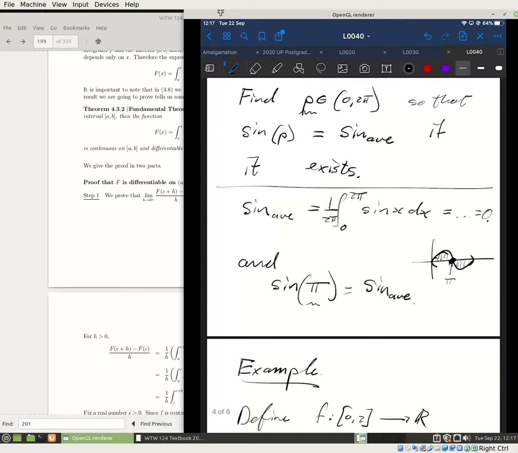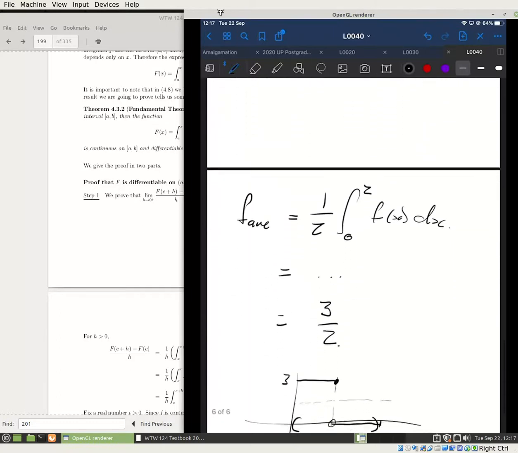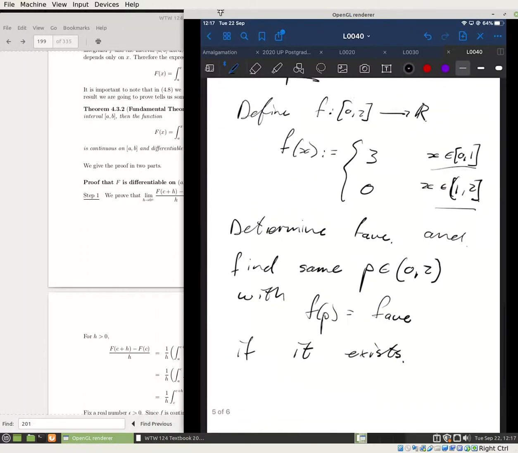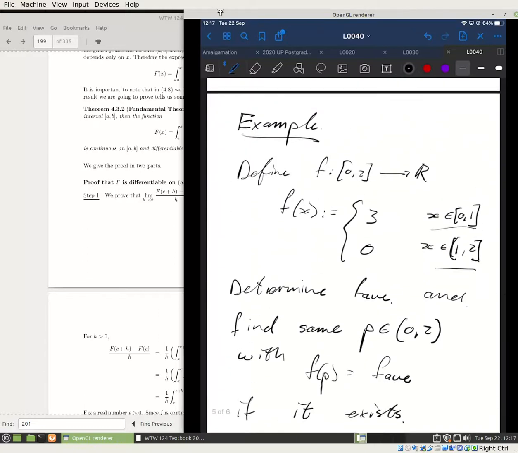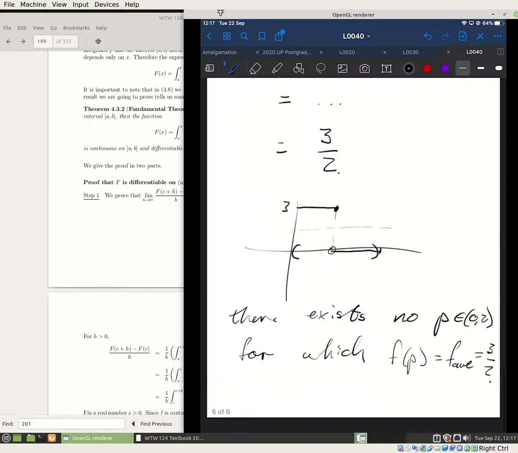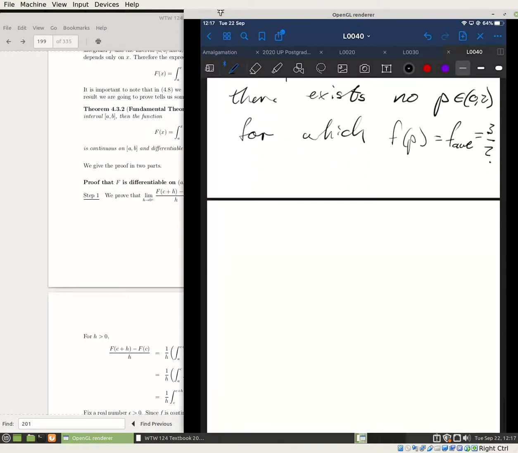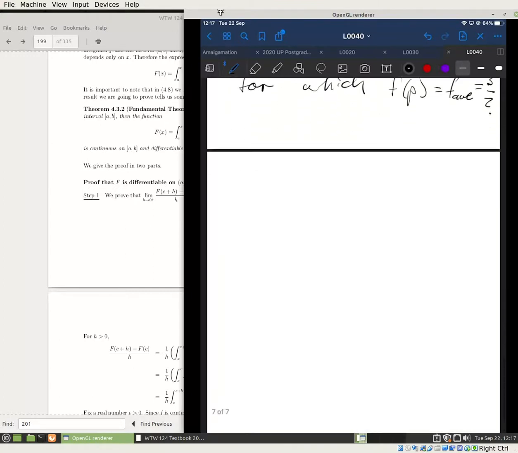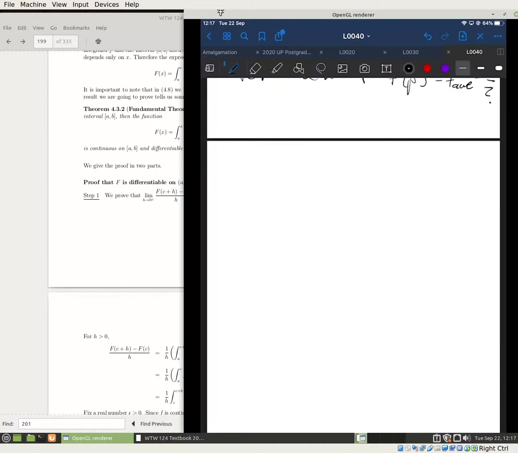So the difference between these two functions is, well, first of all, sine is continuous, and this function f in this example is not continuous, has a discontinuity at 1. So perhaps continuity is a sufficient condition for the function to take on its average value.